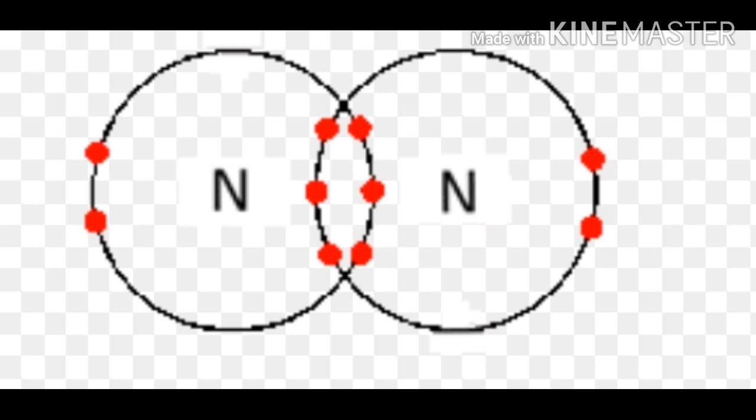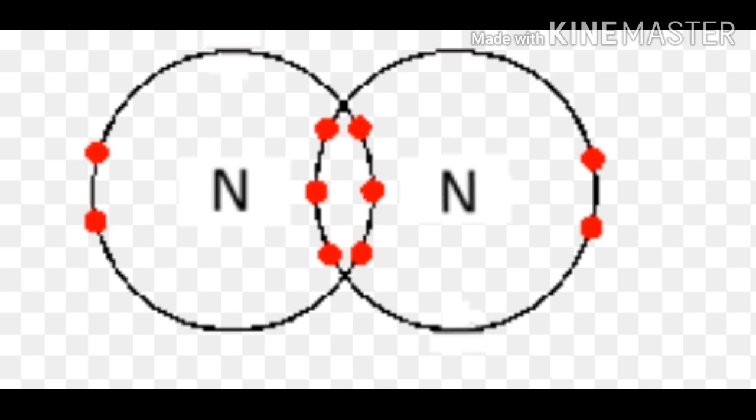By sharing 3 electrons common to both atoms, nitrogen 1 atom gives 3 electrons to nitrogen 2 atom. In the same way, nitrogen 2 atom gives 3 electrons to nitrogen 1 atom. By sharing these 3 electrons, both attain the nearest inert gas configuration of neon, that is 2, 8.